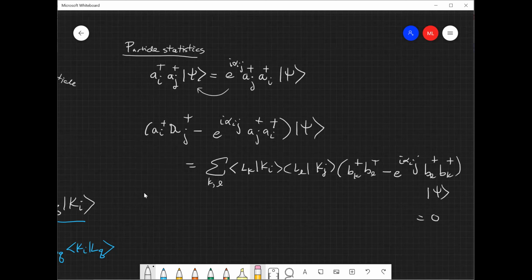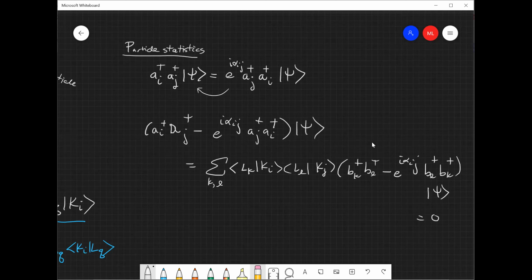So the fact that we can change basis, and the fact that the order in which we put in the particles can't give us any kind of physical difference, means that the commutators between these creation operators are actually quite constrained.